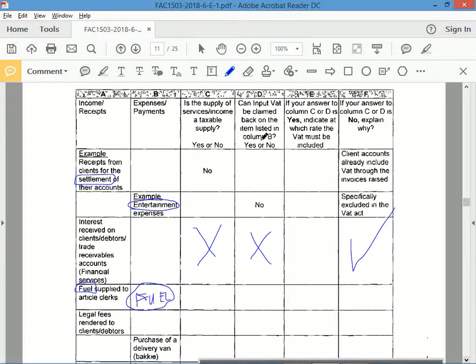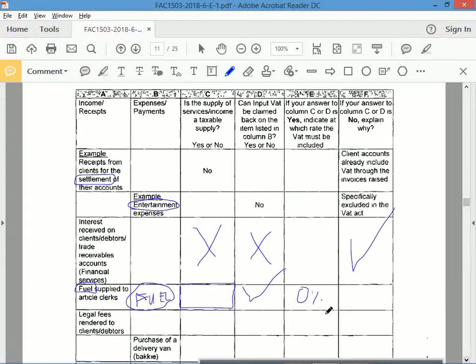Can input VAT be claimed back on the item? I would say yes here, definitely. Okay, tick that one. For me, fuel supplied to article clerks isn't income. That's why I don't want to tick this one. Okay, because it's an expense. If your answer to column C or D is yes, then indicate the rate, 0%.